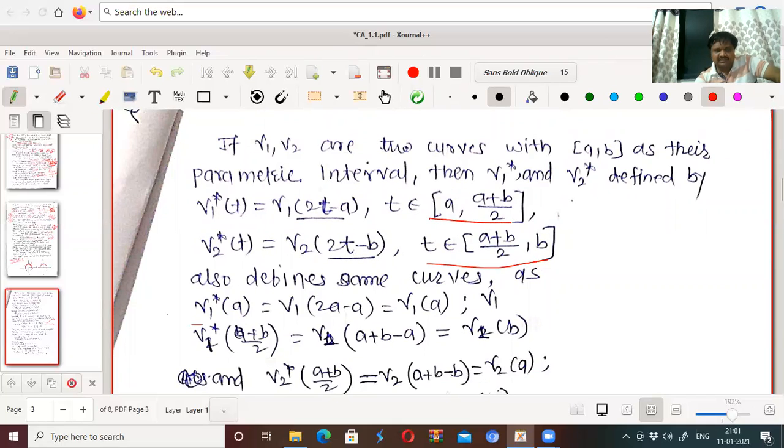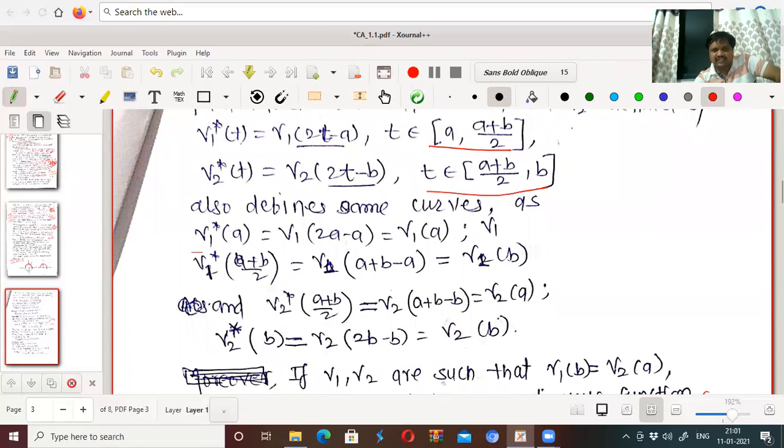Gamma 1 star at a is gamma 1 at a, gamma 1 star at a plus b by 2 is gamma 1 at b, gamma 2 star at a plus b by 2 is gamma 2 at a, and gamma 2 star at b is equal to gamma 2 at b.